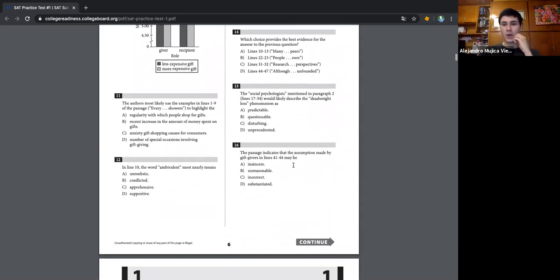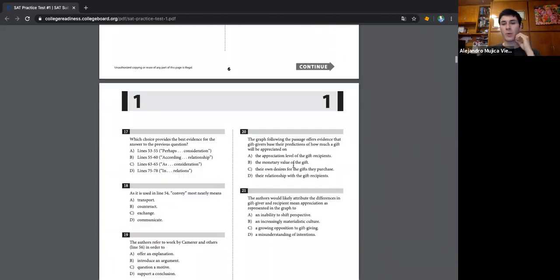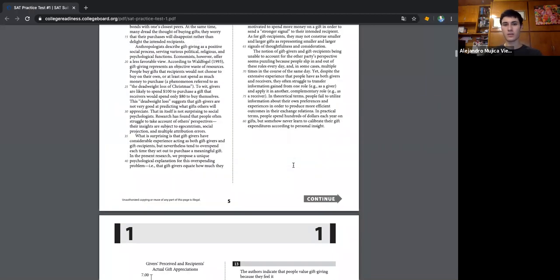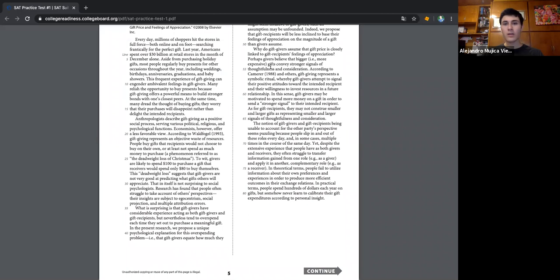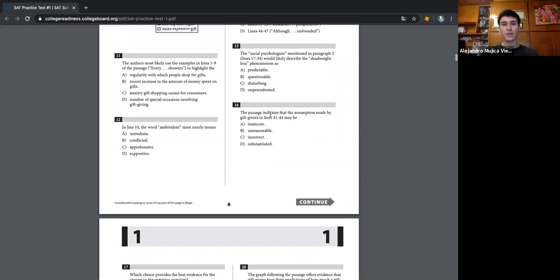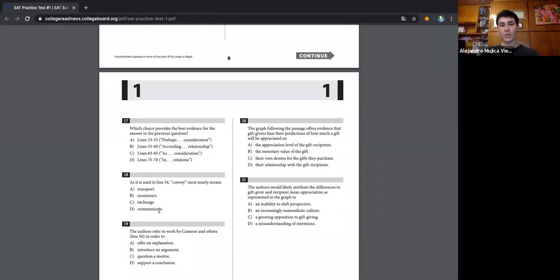All right, so number 18, as it is used in line 54, convey most nearly means. Gifts convey stronger signals of thoughtfulness and consideration. So when you convey a signal, you communicate a signal.